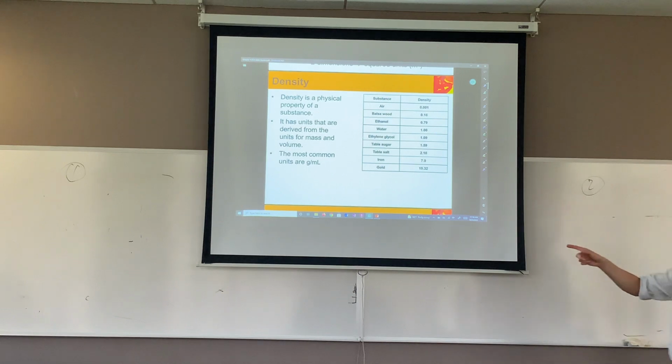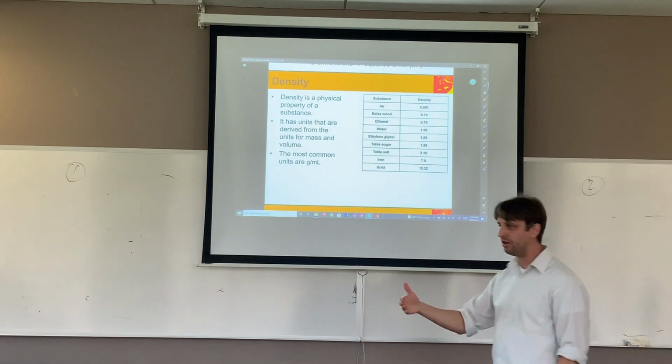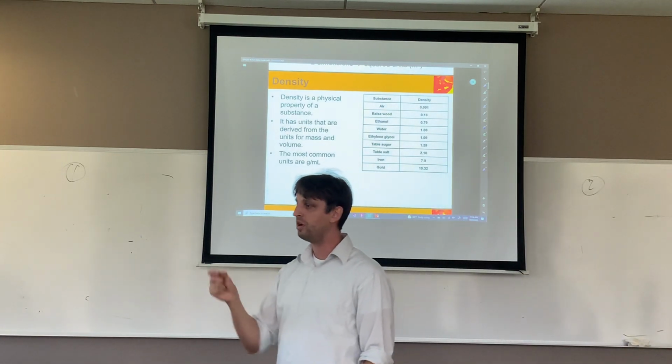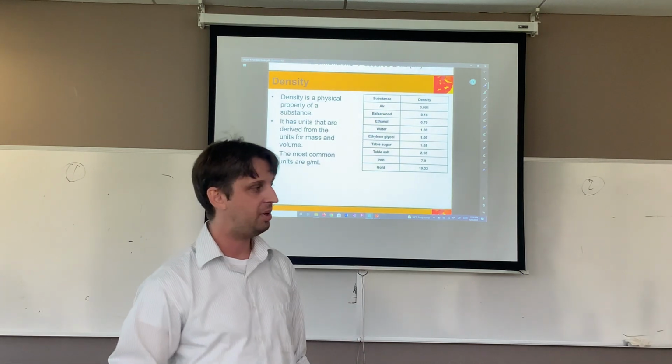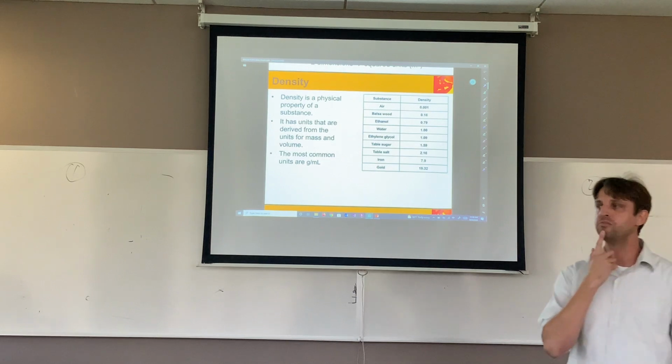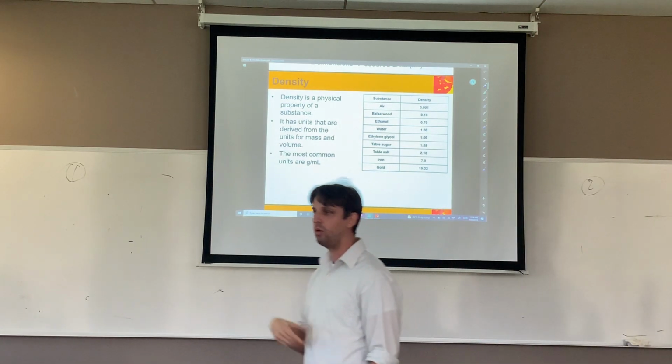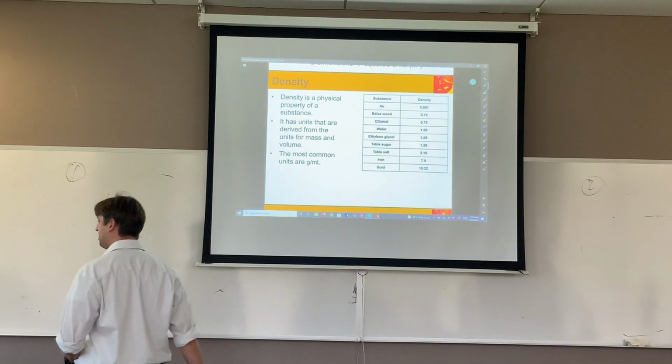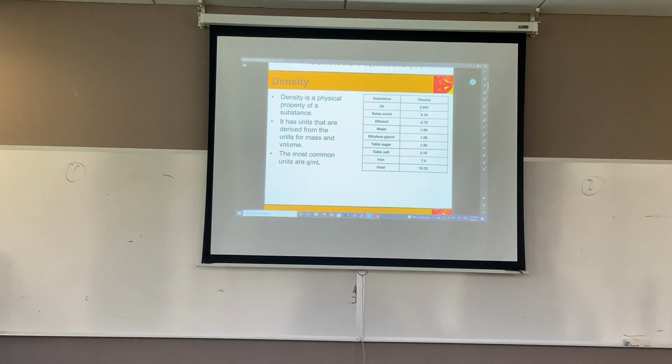Volume is what we were just talking about, typically units of liters or milliliters. What are the SI units for mass that we just talked about a couple slides ago? Kilograms, or grams. So whenever you see something reported in units of mass per volume, this is what density is going to be.